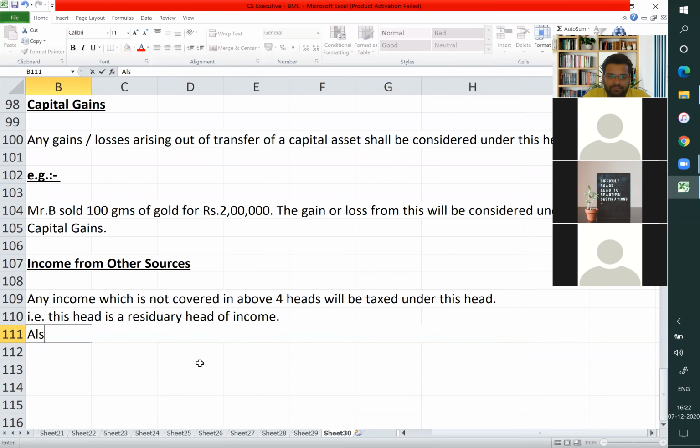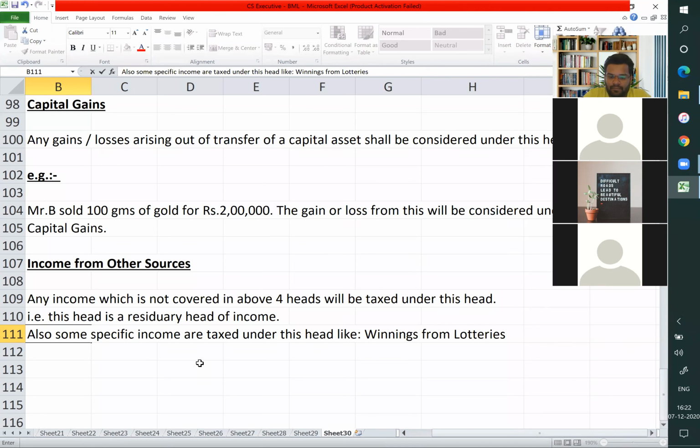Also, some specific incomes are taxed under this head, like winnings from lotteries, game shows, card games, puzzles. All these incomes will be specifically taxed under the head of income from other sources.